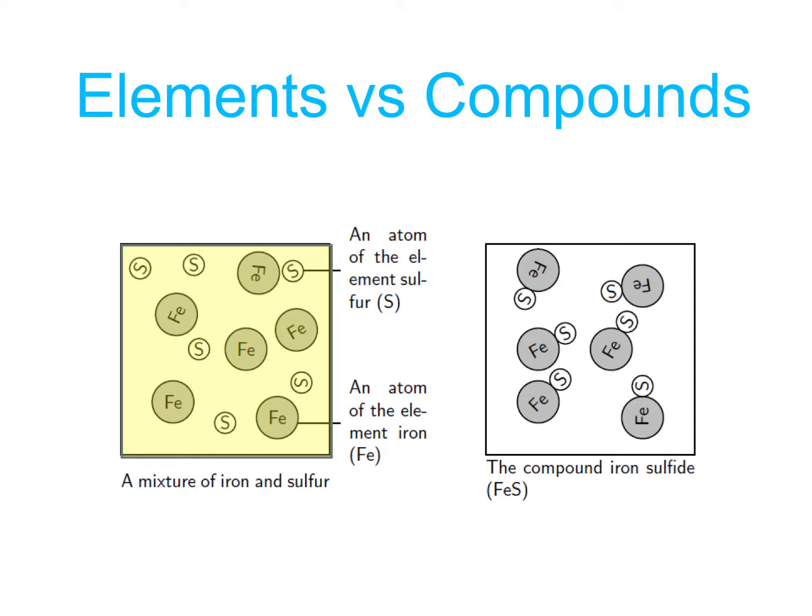So again, how do we distinguish elements and compounds? Well, on the left, we have a particle model, and it shows iron and sulfur. Those are elements. They're mixed together. So this, on the left, is a mixture of 2 elements.